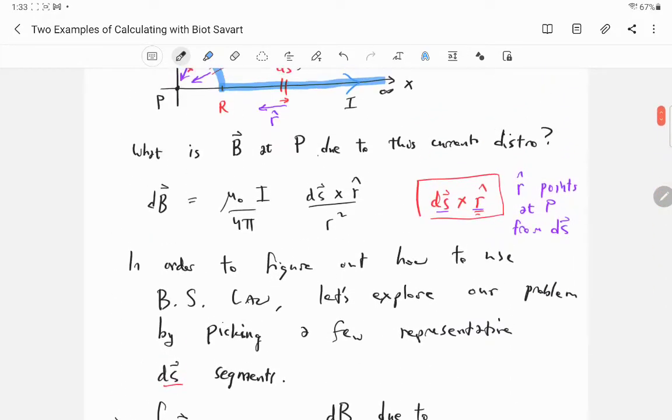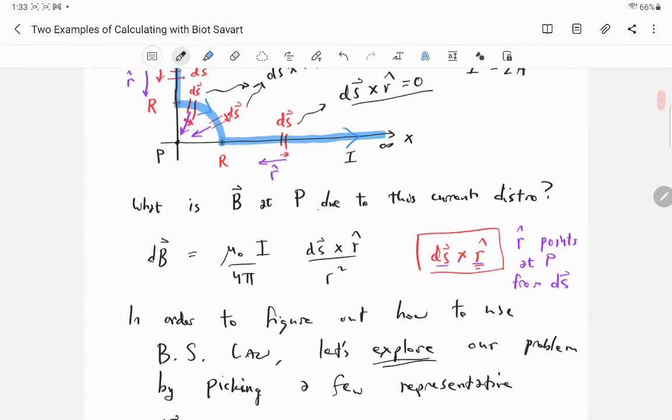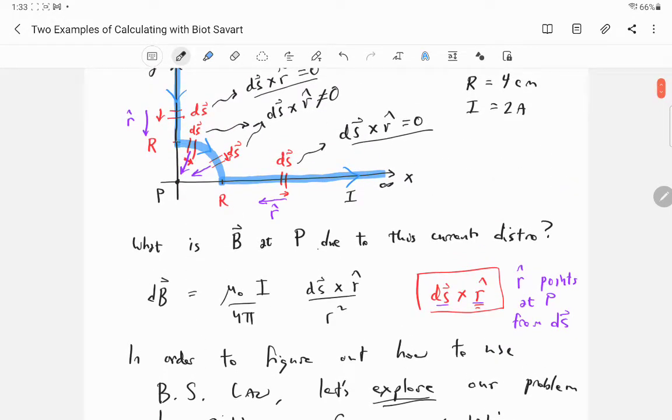So that's good. I learned something by doing this exploration, right? The exploration involved just picking various ds's and wondering, how is Biot-Savart going to treat each of these various representative ds's?